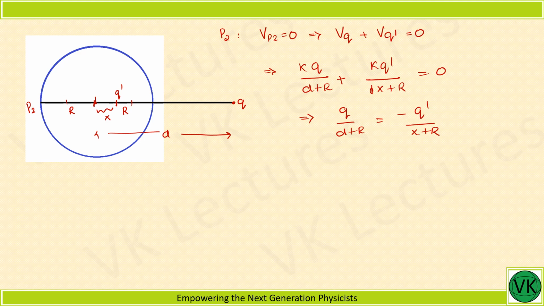Now we already have q dash, so let's write q dash equals minus q into x plus r divided by d plus r.